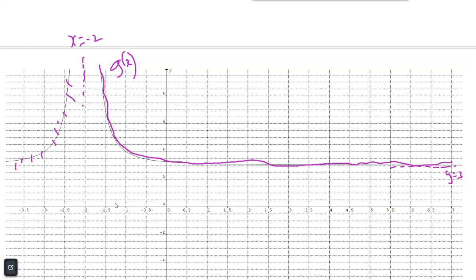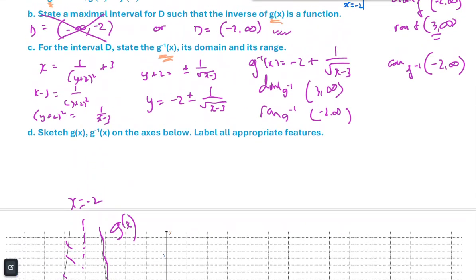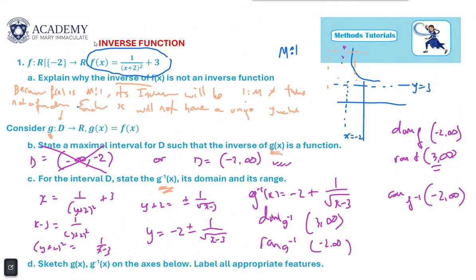And I know that point there will be f of 0. And it's going to be 1/4 plus 3, which is 13 on 4.